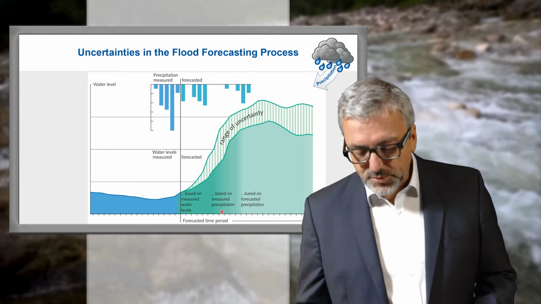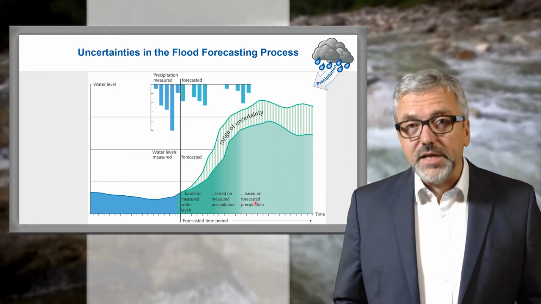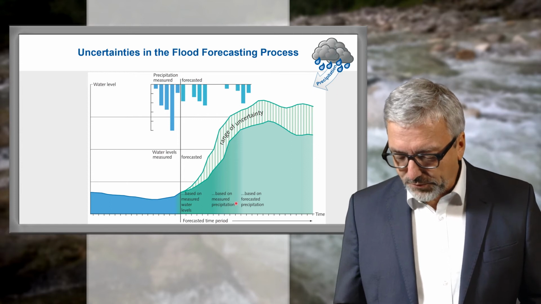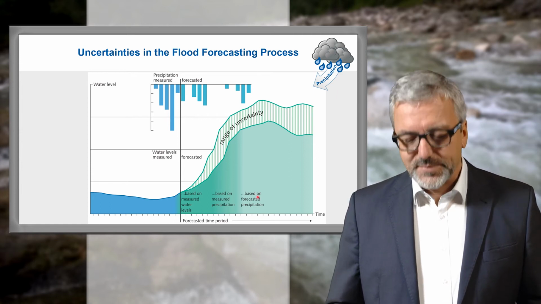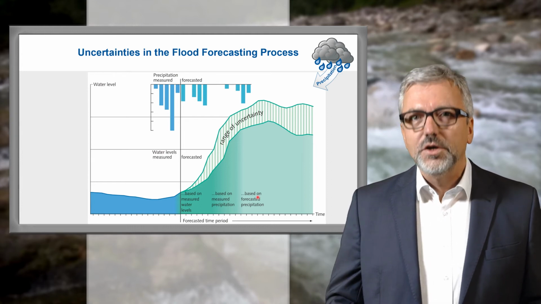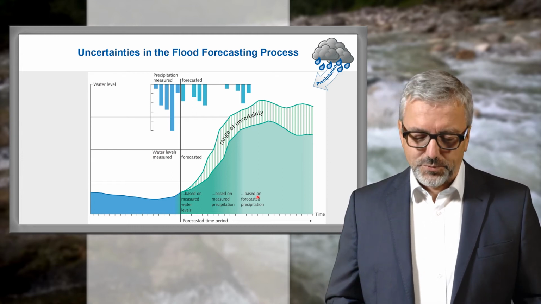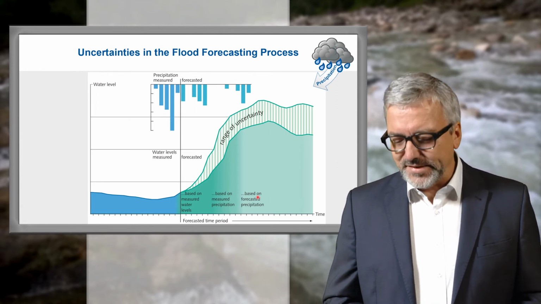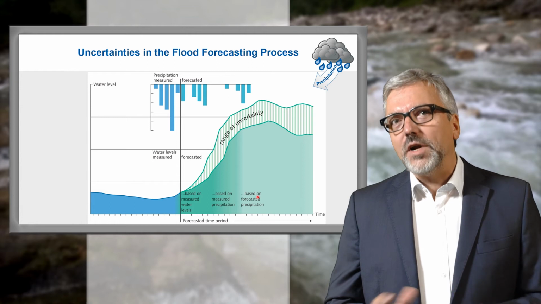And last but not least, you want to look perhaps at the next day or the next 2 days, what will happen with our flood. Then you have to rely on forecasted precipitation. Forecasted precipitation is a job of the German Weather Service or of other weather services around the world. And you know the weather service is not always very exact, and this is more or less a guess.